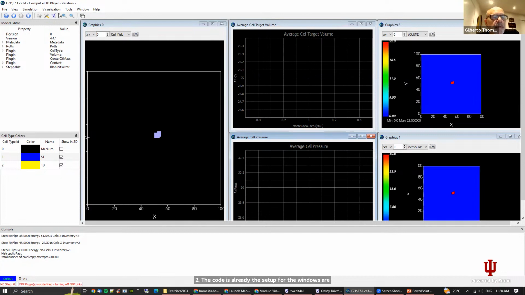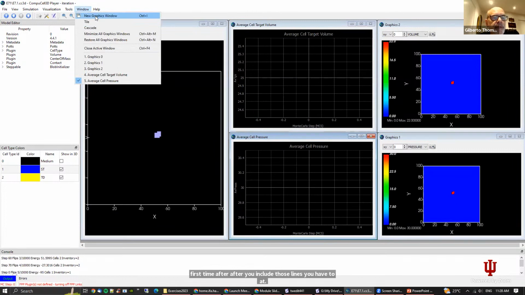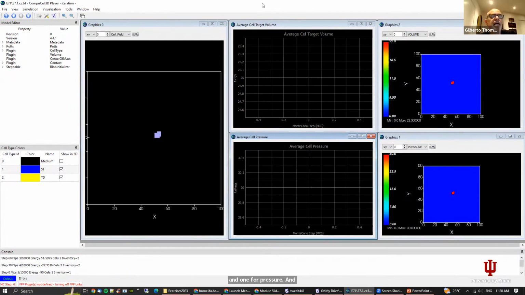But when you open it for the first time after you include those lines, you have to add two new graphics windows here, one for volume and one for pressure. And that's it. I don't have to include in the simulation any graphical plot to plot the fields. This is automatic. I need to open the windows to show both fields.